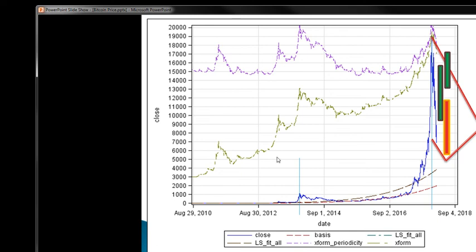Maybe the lowest prediction will be close to 5,000, 4,000, but more than likely it will go to around 8,000. I will assign about 50% probability that it will cross 8,000. But if it goes up and down to here, it's possible too.